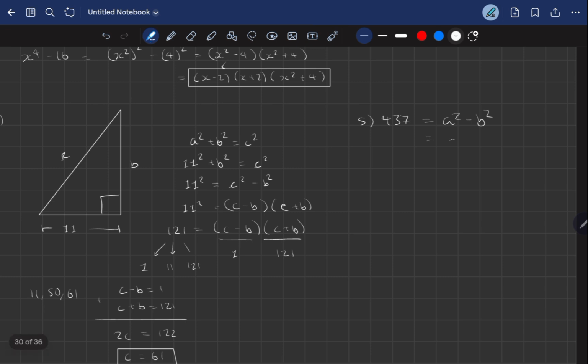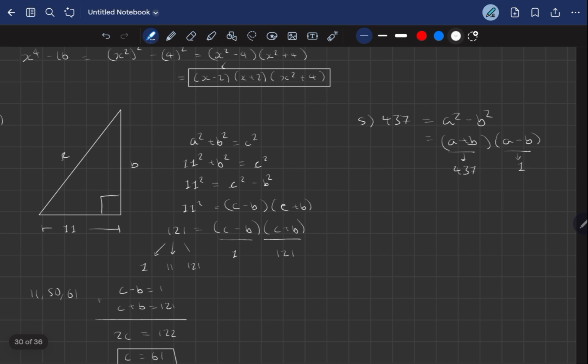This is the same as a plus b times a minus b, as we've already established. So let's think of two factors of 437. We're always going to default to 1 and the number. So a minus b is going to be 1, and a plus b is going to be 437.